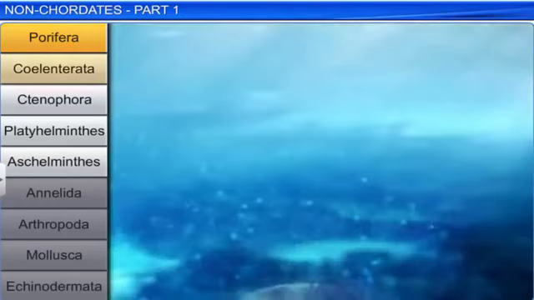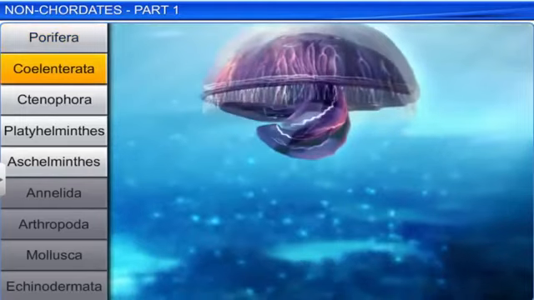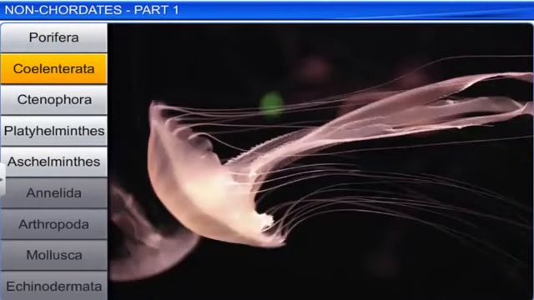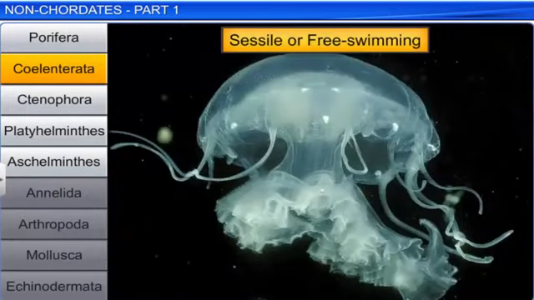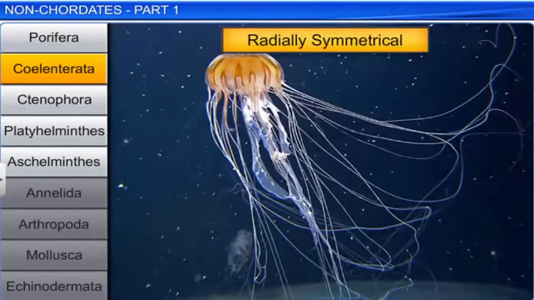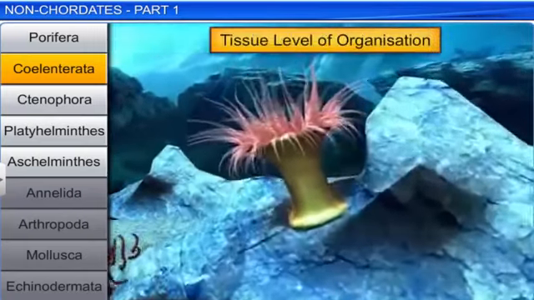The second phylum is Coelenterata. The members of this phylum are aquatic, mostly marine, sessile or free-swimming, radially symmetrical, dipoblastic animals with tissue level of organization.